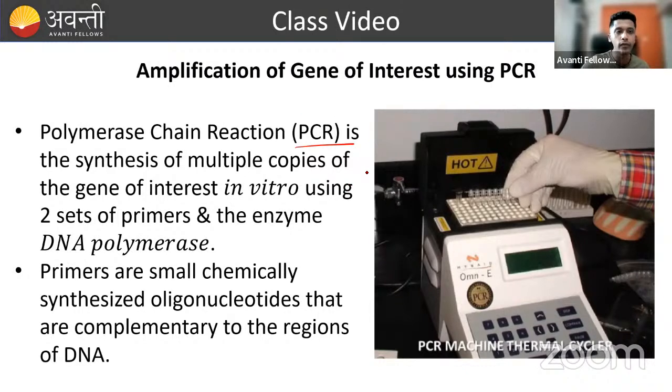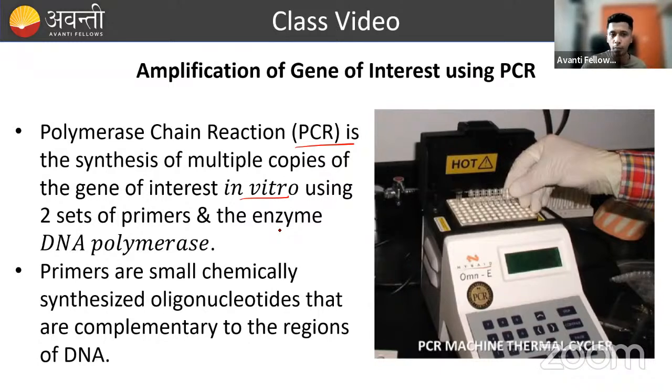There we use a technique called gene amplification. That means we are making more and more copies of the gene that we are specifically looking for. We do it in a cell-free environment, that is in vitro. We don't have any cells. It is done in a machine like this PCR machine, where we make thousands and thousands of copies of the gene of interest. This is called polymerase chain reaction.